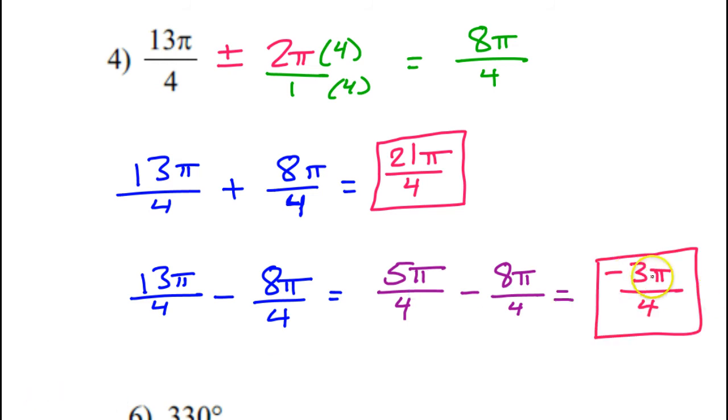So we have negative 3 pi over 4 as our negative coterminal angle. So we actually found 2 positive coterminal angles. We could have used the 5 pi over 4 as our positive coterminal angle instead of 21 pi over 4. It doesn't matter. They weren't specific like that, so we just needed one positive and one negative, so we found an extra one.